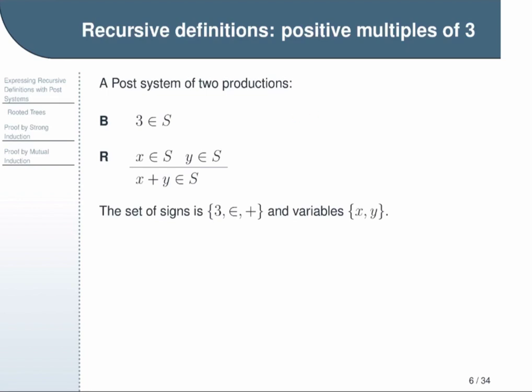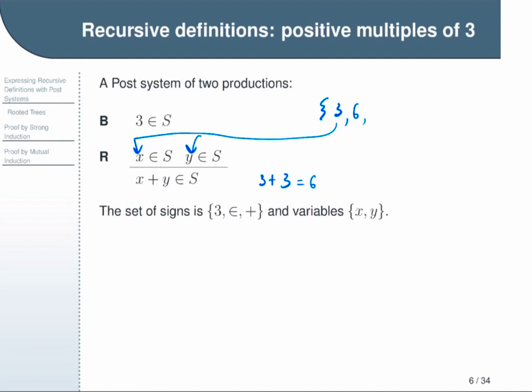Whatever we have in our set S, so for example, we know we started out with 3, gets plugged into these different variables. So in this case, if 3 was the only element we knew about in our set, we would then use it for both x and y, and we add x plus y together, then we get 6, and I'm putting 6 then back into the set, and this way I continue to expand what I understand to be in the set based on following this recursion rule.